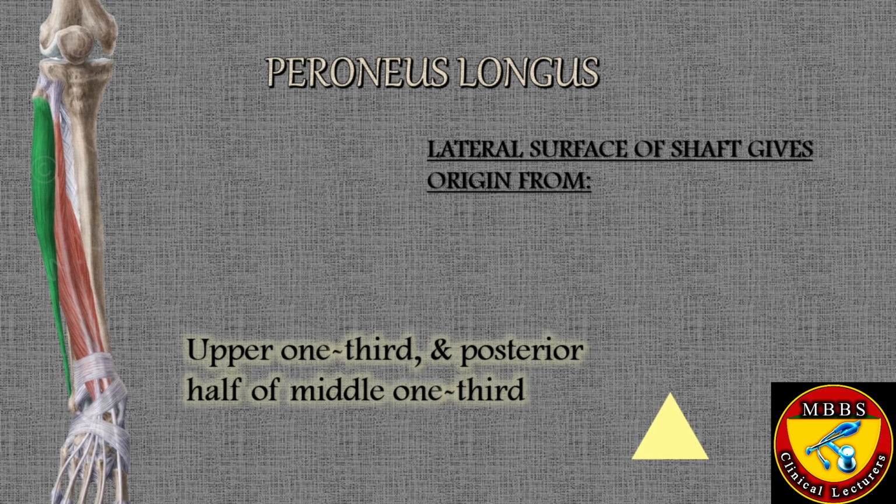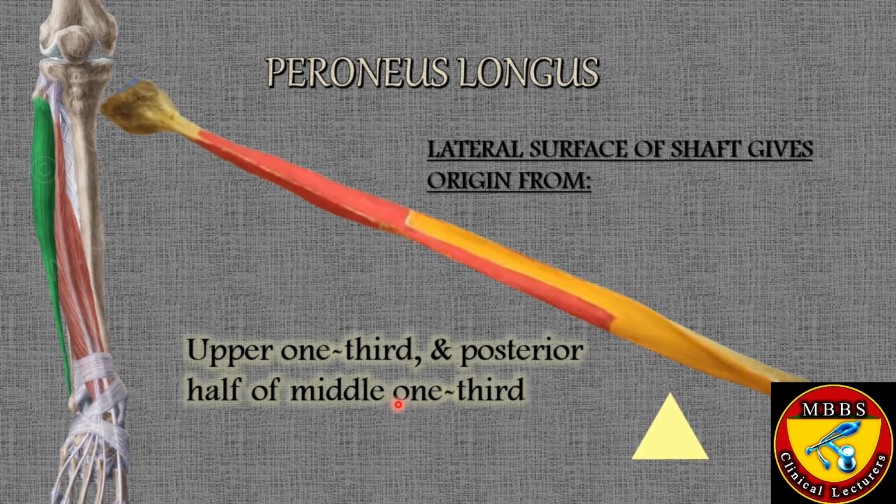Now peroneus longus, again fibularis longus or peroneus longus are the same things. Peroneus longus arises from the lateral surface of the shaft, from the upper 1/3 and posterior half of the middle 1/3.